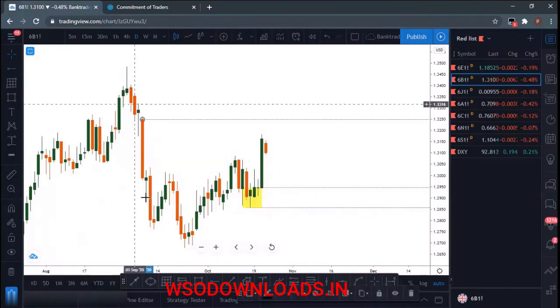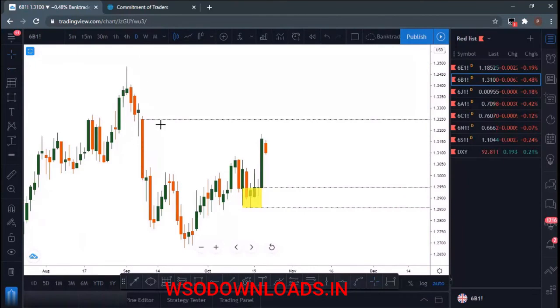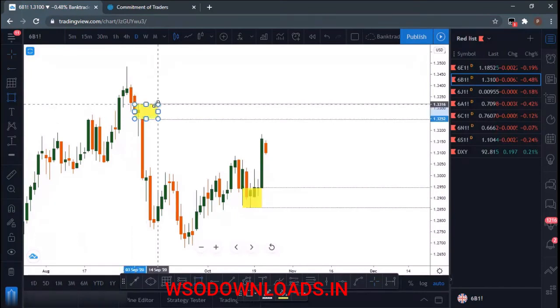It's kept out down here, but this is where our supply is. Drop, base, drop area. So we haven't arrived in the area yet.